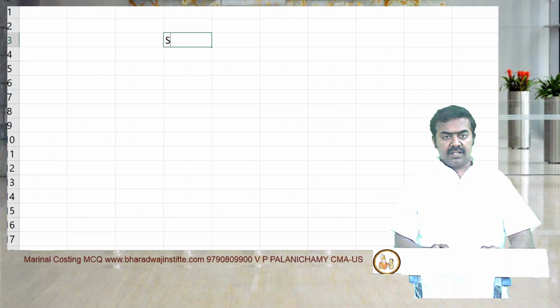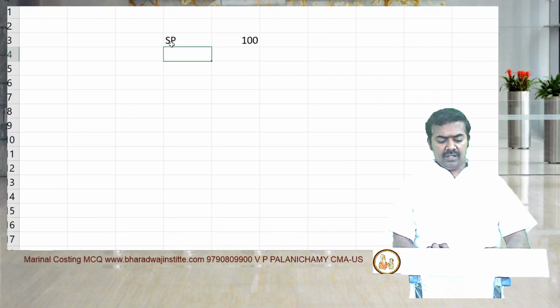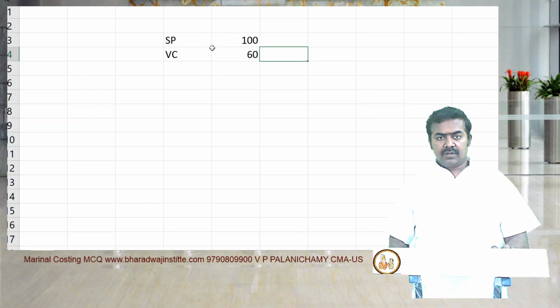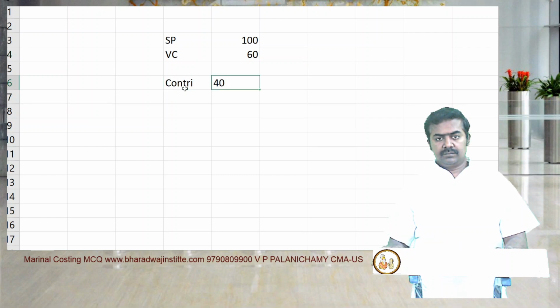Let us take the current selling price as 100 and variable cost as 60. Your contribution is 40.